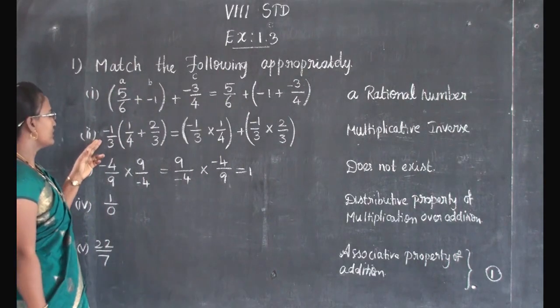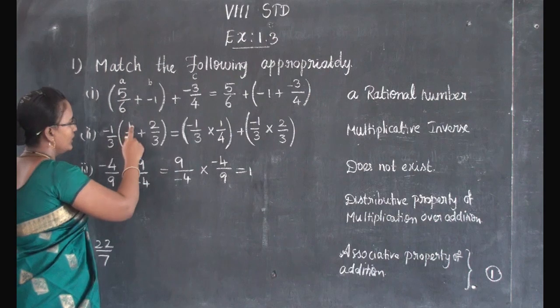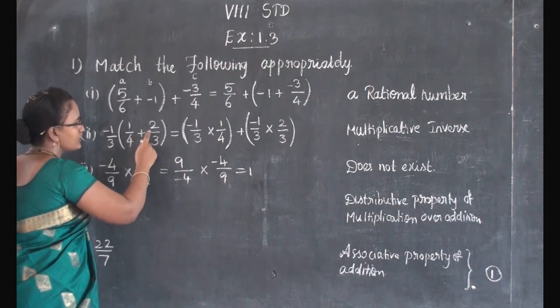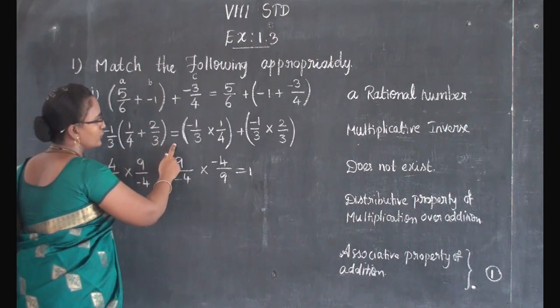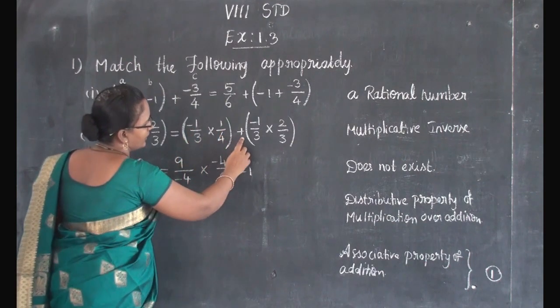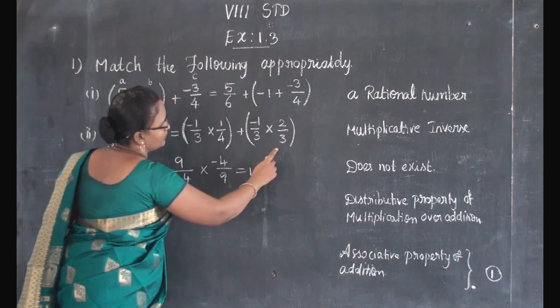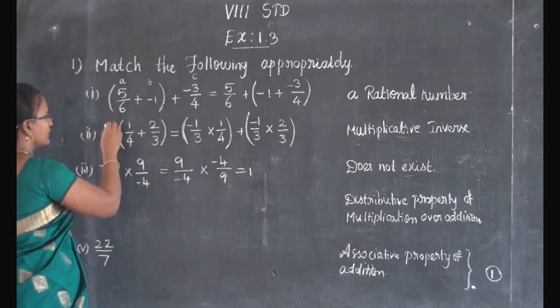And next one is -1/3 × (1/4 + 2/3) = (-1/3 × 1/4) + (-1/3 × 2/3). This is here.